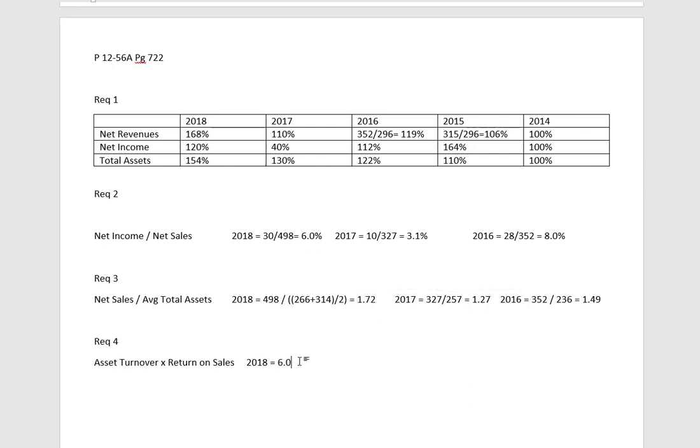So 6% times 1.72 gives me a 10.3% return on assets. Okay. So 2017, I'll do the same math, 1.27 times 3.1%, which is equal to 3.9%. And 2016, I'll do the same thing, which is 8% times 1.49, which is equal to 11.9%.